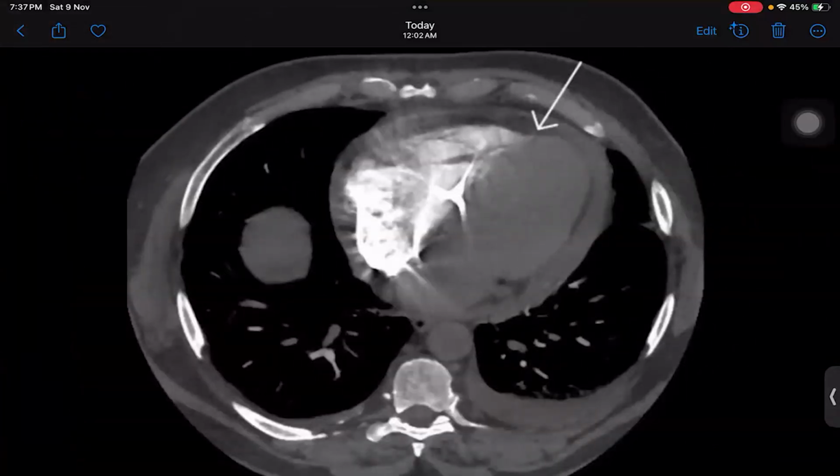This is a patient who came to you with complete heart block, and the patient was given a temporary pacemaker in the emergency. You can see the temporary pacemaker wire shining bright. So after some hours, the patient became hypotensive. The patient was taken up for a CT to rule out aortic dissection, but instead you found out something here.